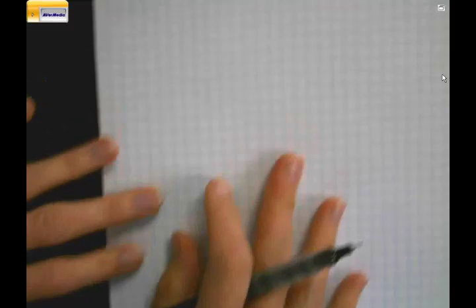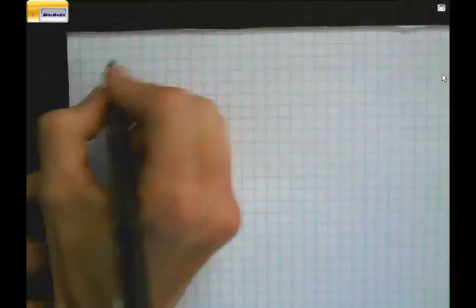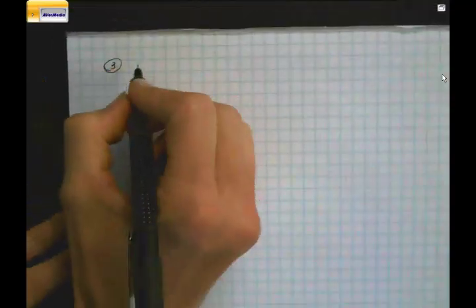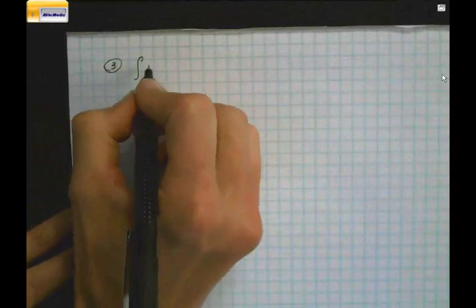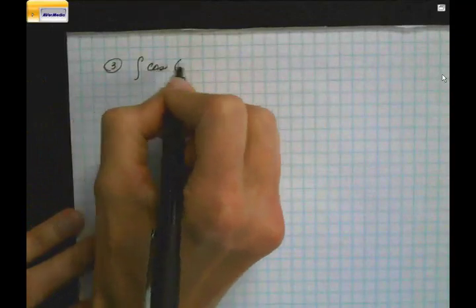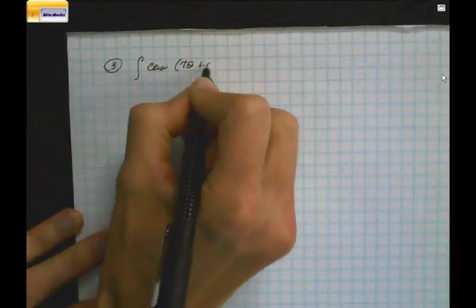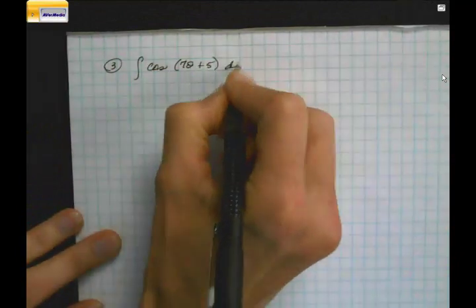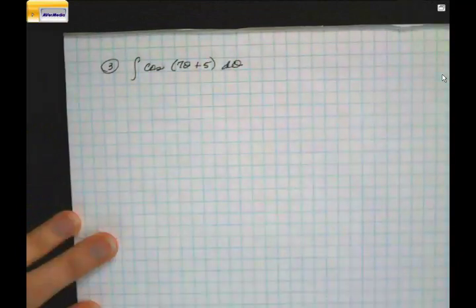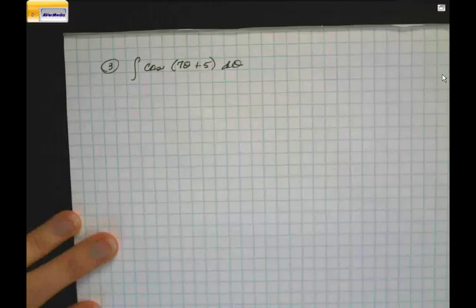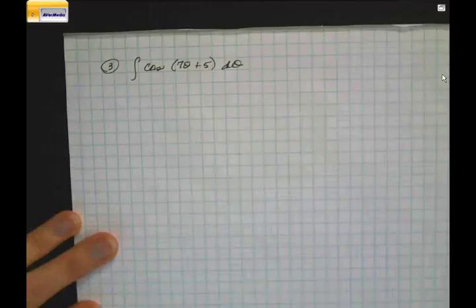Now let's try another one. Suppose we have the integral of cosine of 7 theta plus 5 d theta. Now, we've never had the argument of a trig function quite that complex.